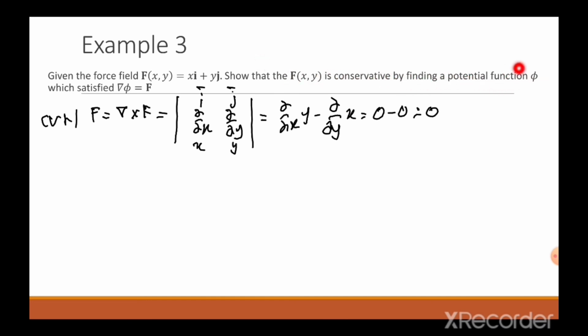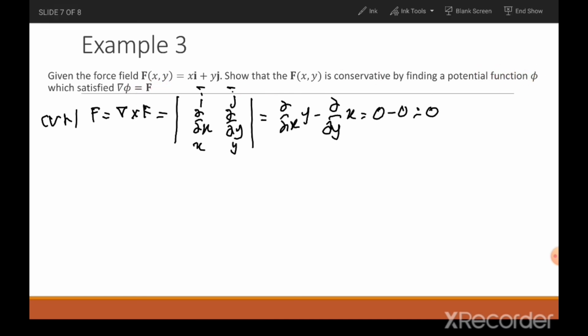Okay, the extra work, they ask the conservative by finding a potential function. Okay, but I'm not recommend for this method to find the potential function, because sometimes it's quite difficult to understand. Okay, so to find this one, we need to find this one.